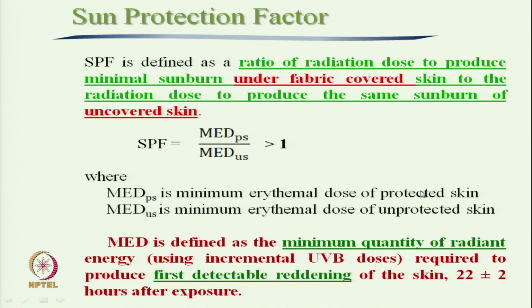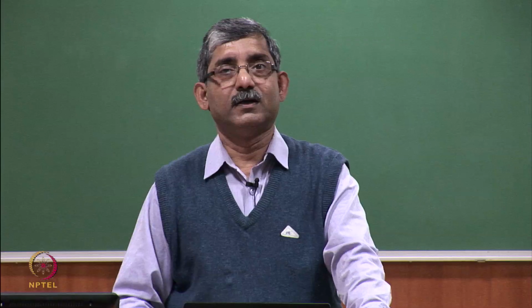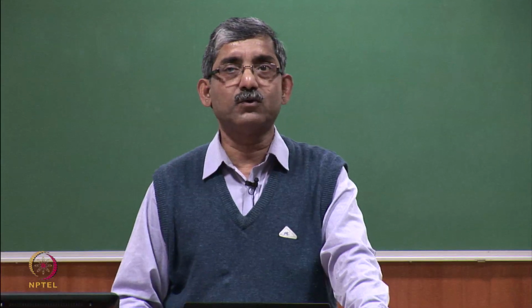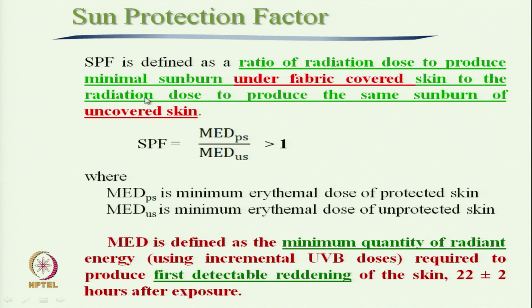Next is the sun protection factor. These are basically used for any sun protective lotion and sometimes for fabrics. Sun protection factor is actually a ratio of the dose to produce minimal sunburn under fabric cover or maybe sun lotion cover on the skin, to the radiation dose to produce the same sunburn on uncovered skin.